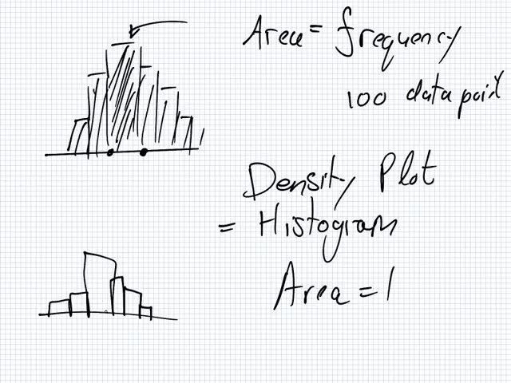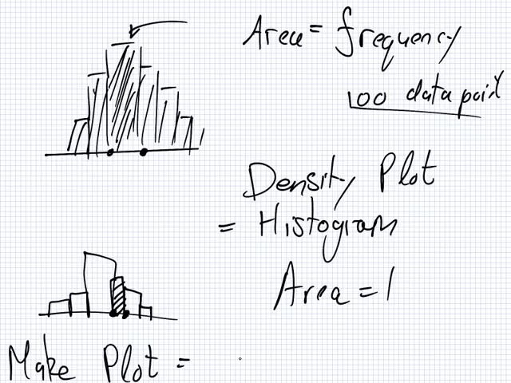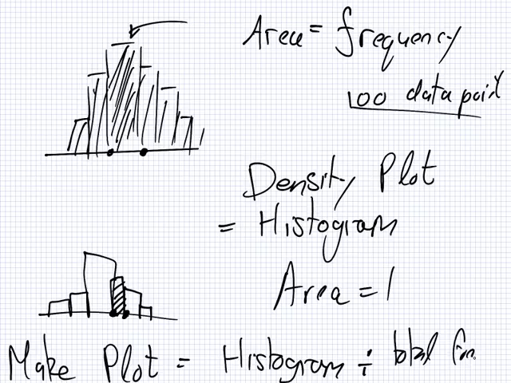But now if I said what's the probability of getting something from here to here, if you divide by the total frequency, the area now becomes a probability. So to make the plot, all you do is you take the histogram and divide by the total frequency.